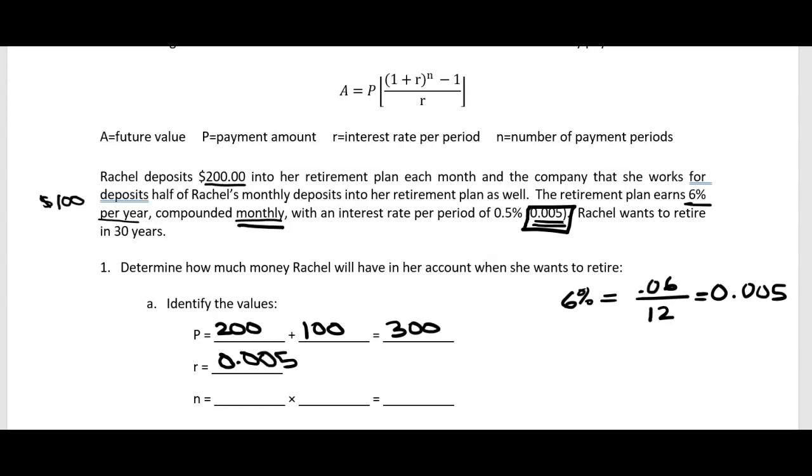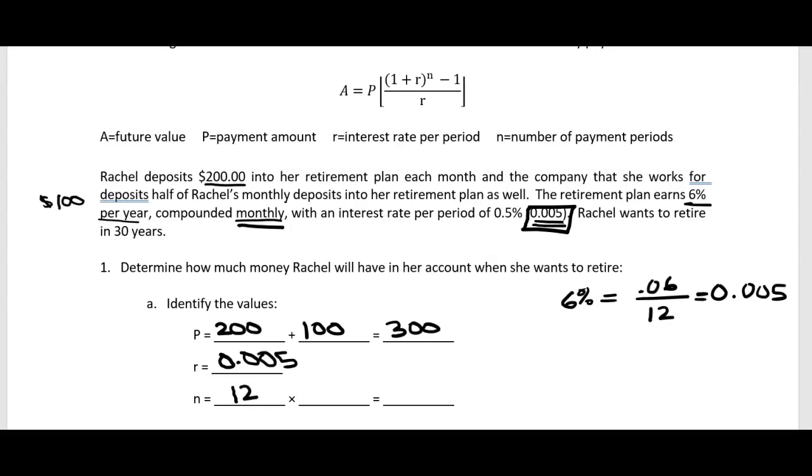So N is the number of payment periods, the total number of times that she is going to deposit money into that account. We know that it is compounded monthly and that she's putting things in monthly, so she's going to do it 12 times per year.